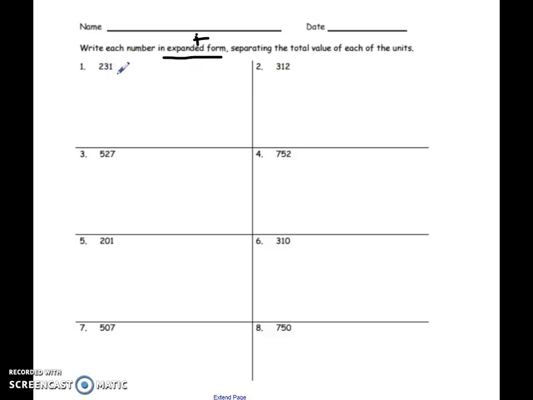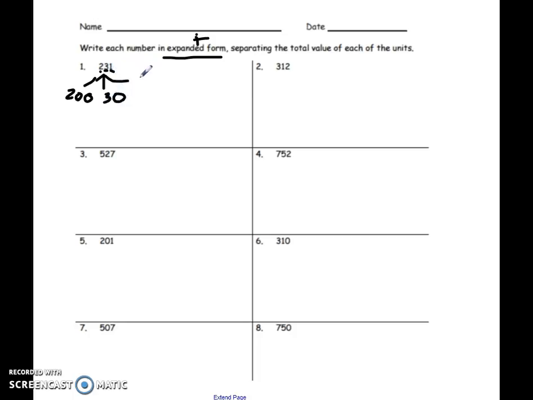So here's my first number, 231. I'm going to first use a number bond to break up the number into its values. So here I have 2 in the hundreds, so that's 200. Here I have 3 tens, which is 30.